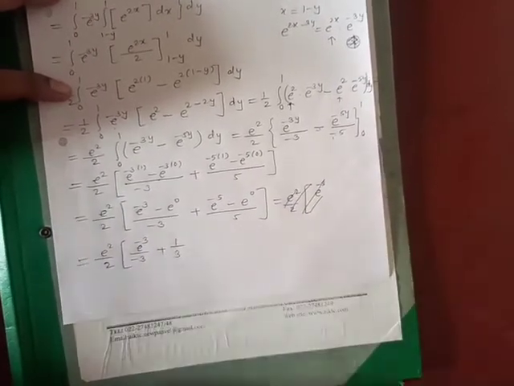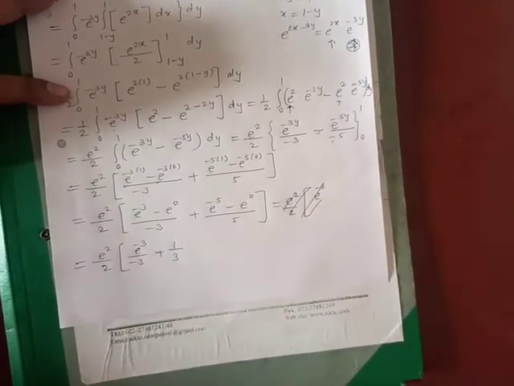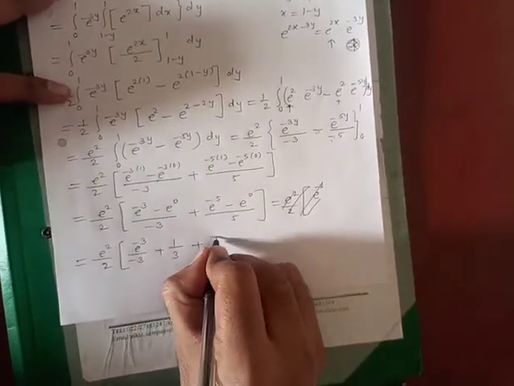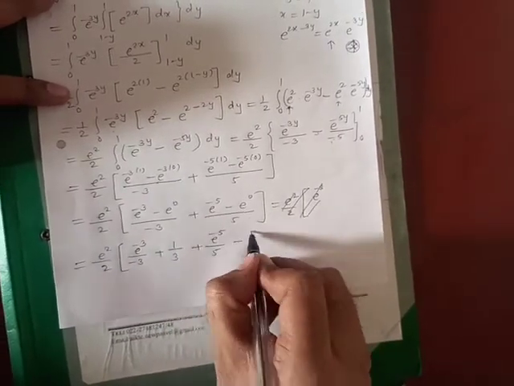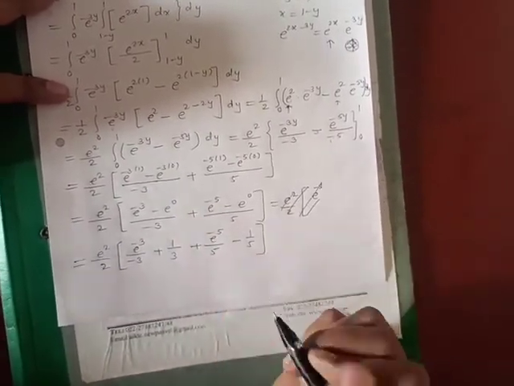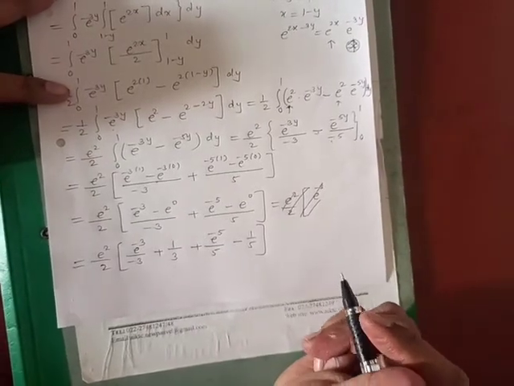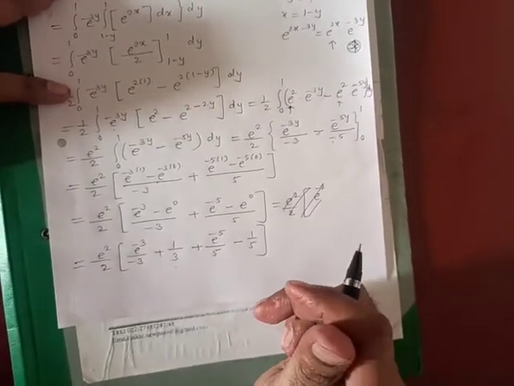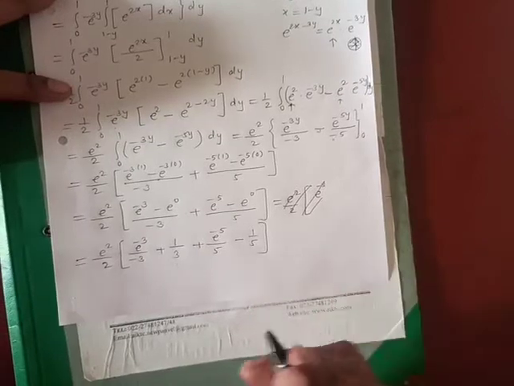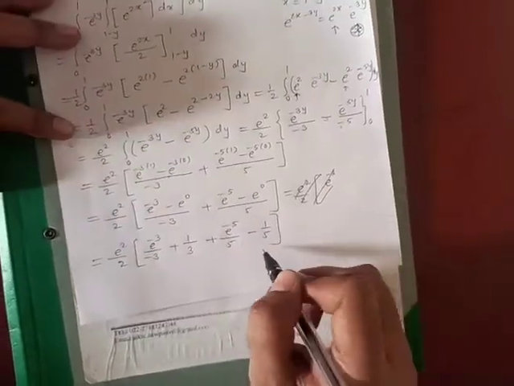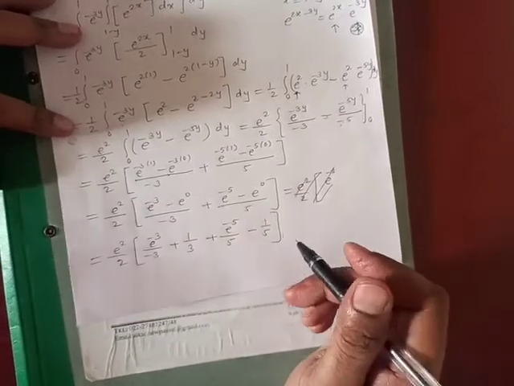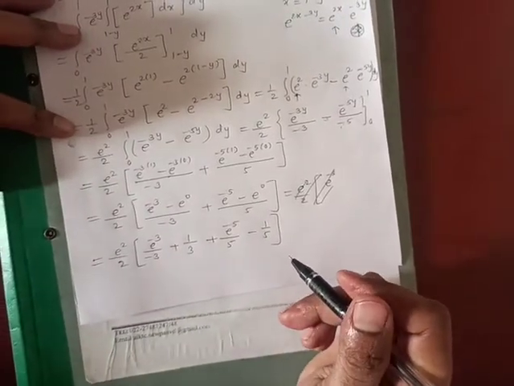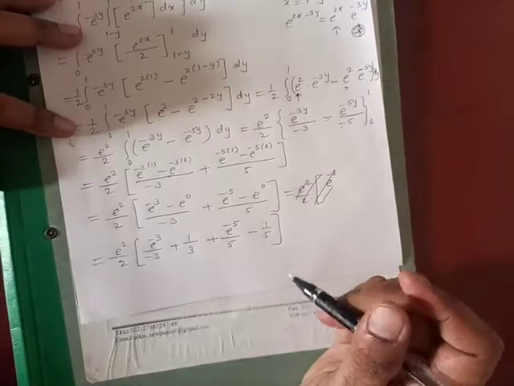Can I write this as 1 upon 3 plus 1 upon 3, plus e raised to minus 5 divided by 5 minus 1 upon 5. Is it right? Simplify this now.